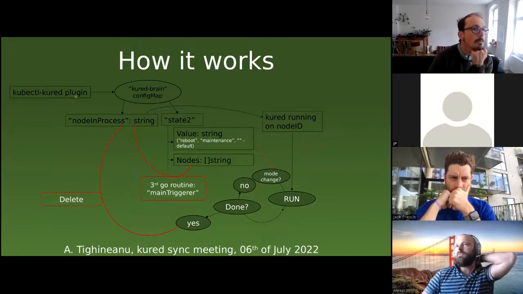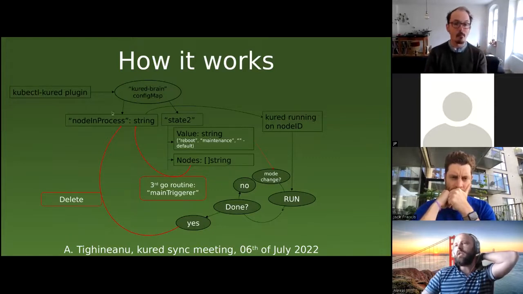It's a bash script which populates a config map, which I called Kured Brain. That config map has two key-value entries. One is a string formatted object, and another one is just a string. I've introduced a third Go routine in the cmd root, which checks if the node slice in this state is populated.